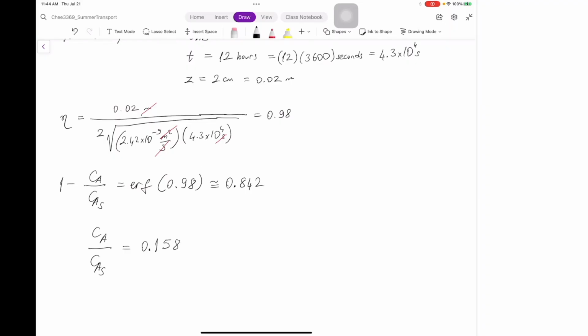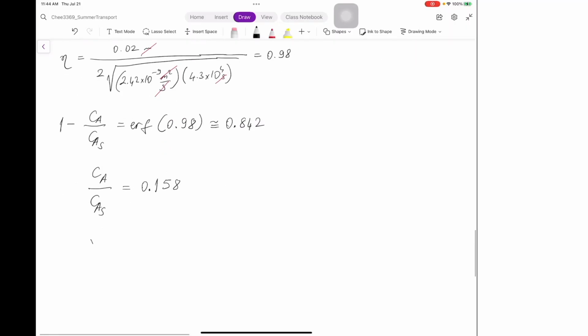So you actually get about 1/6 of the equilibrium concentration. But the problem asks you to find XA. What is XA?